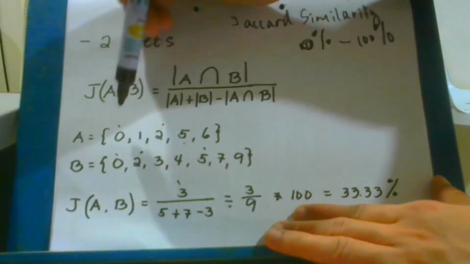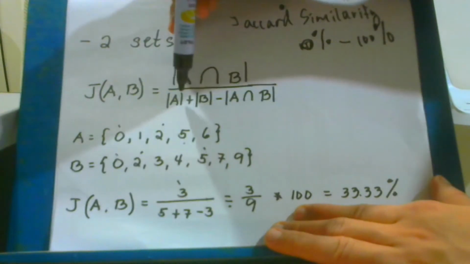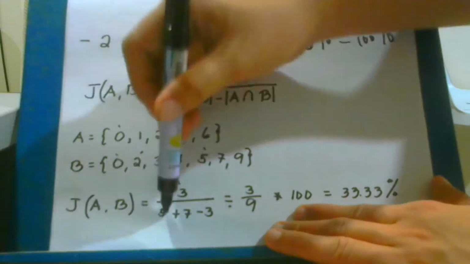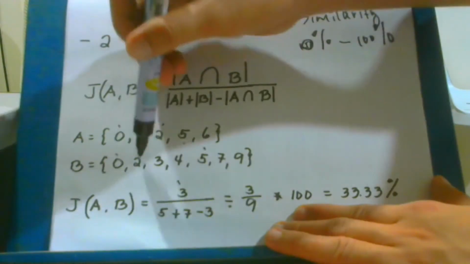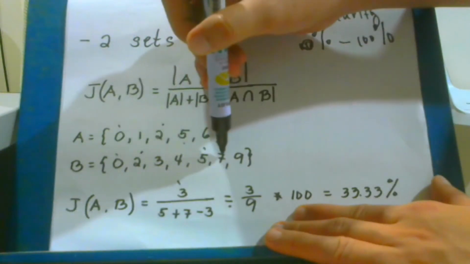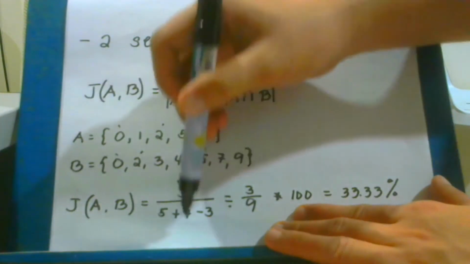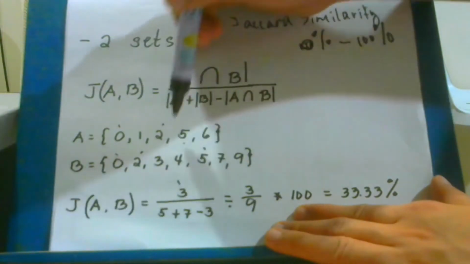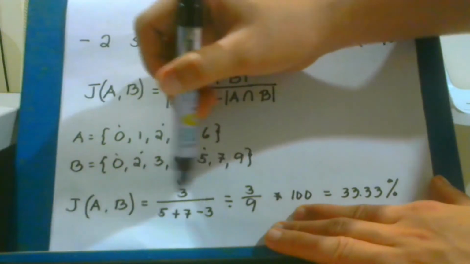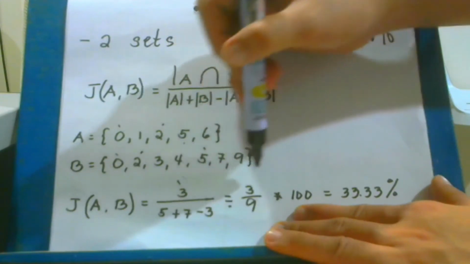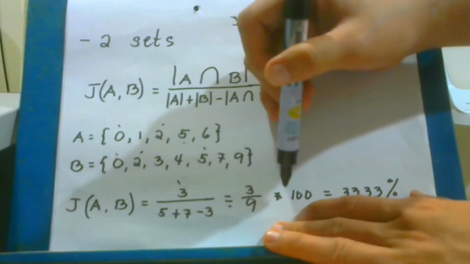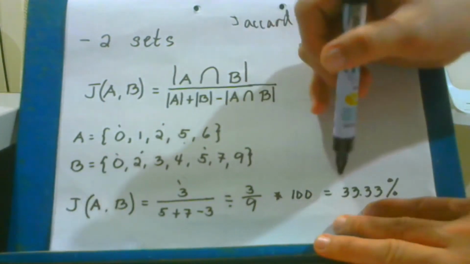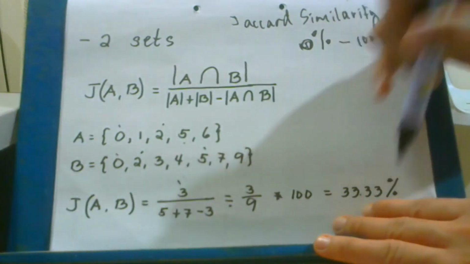How many are the elements in A? 1, 2, 3, 4, 5. What about in B? 1, 2, 3, 4, 5, 6, 7. So we have 5 plus 7 minus 3, where 3 is again the intersection. It means we have 3 over 9 times 100, and that makes 33.33%.